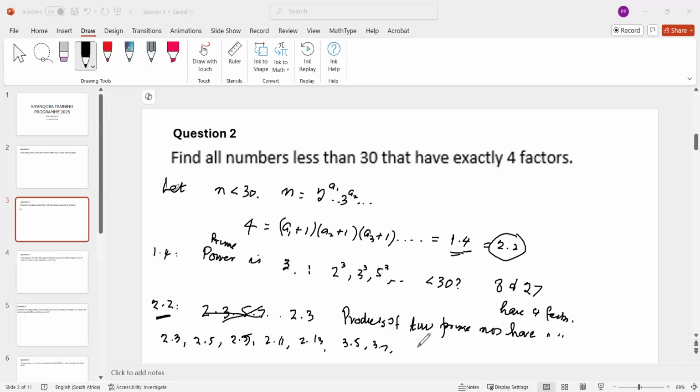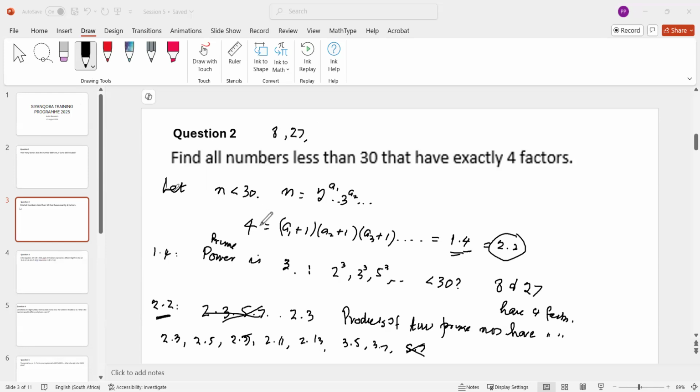So you stop there. And then when you come to 5, you can only have 5 times 7, and that's too much. So these are the only ones. 1, 2, 3, 4, 5, 6, 7. So you can write down all these numbers. And so the answer is, as you can see, you include your 8 and the 27.